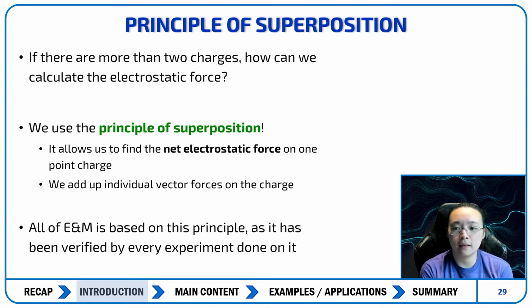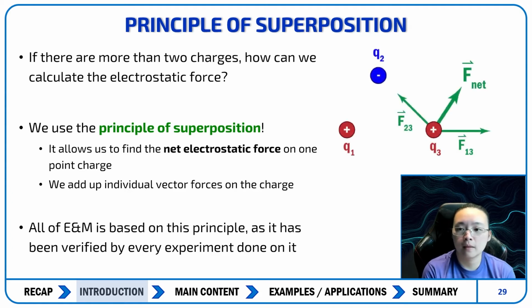Last but not least, we do want to talk about, let's get that diagram here, what happens if we're looking at more than just two charges. Let's say that there are three charges like in this diagram with Q1, Q2, and Q3. So you have these three charges over here.